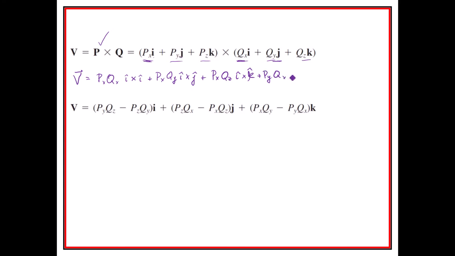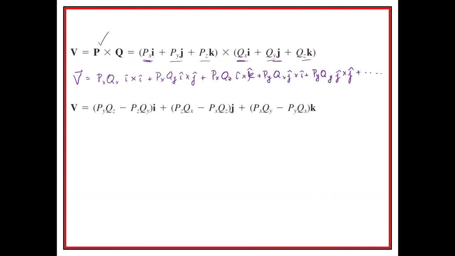And that's going to be J crossed with I. And then take the Py, cross it with the Qy. And that's going to be J crossed with J, and so on. You get the idea.